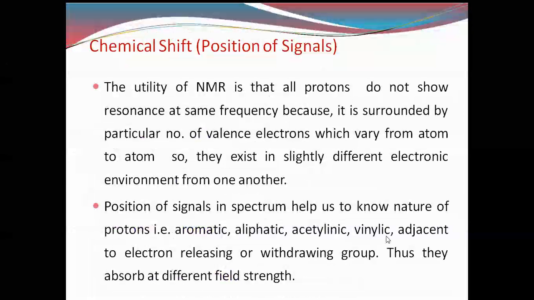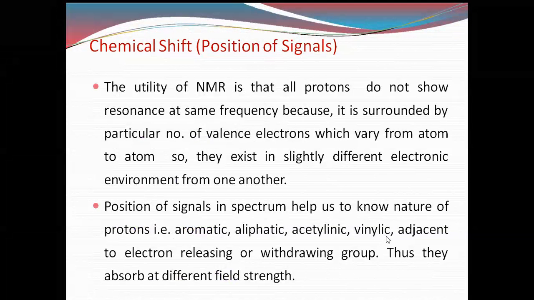Next, coming to the chemical shift. What is meant by resonance? We have seen the Larmor equation. That means every nucleus has its rotational frequency, isn't it? What is meant by rotational frequency?